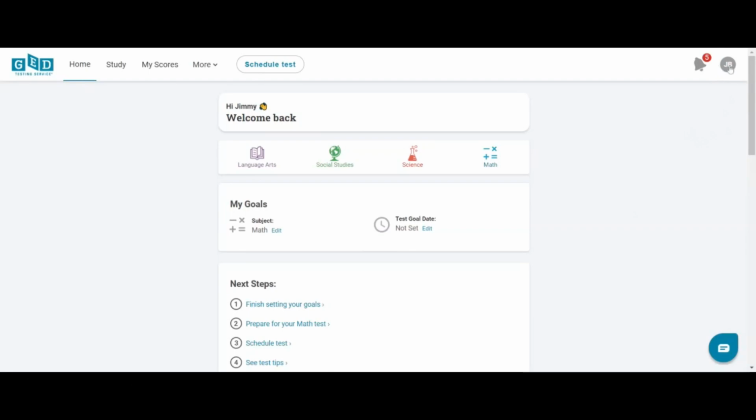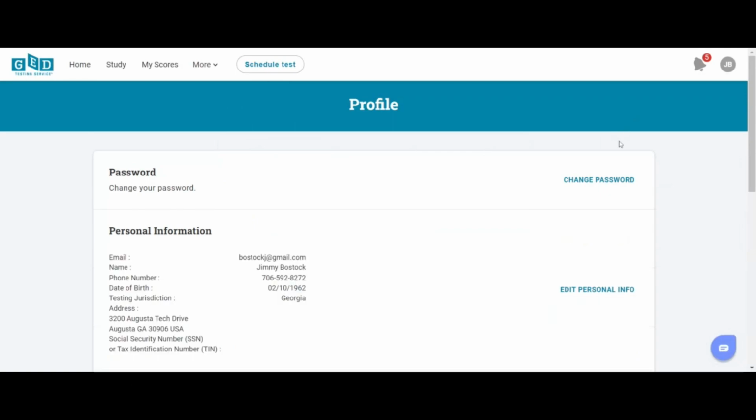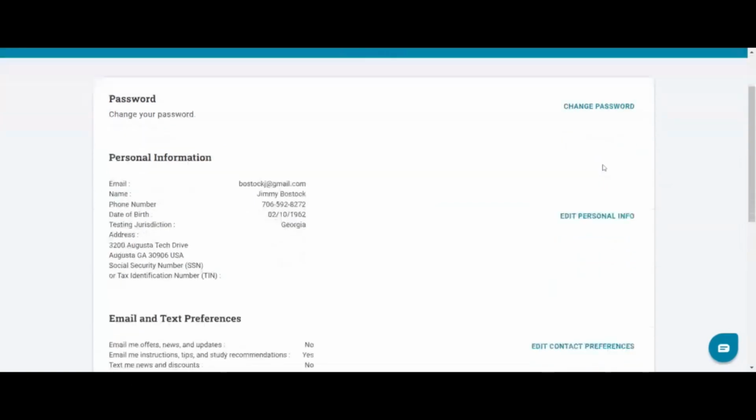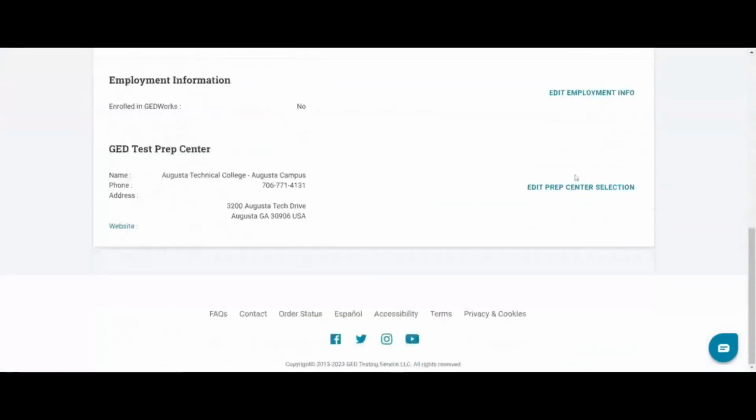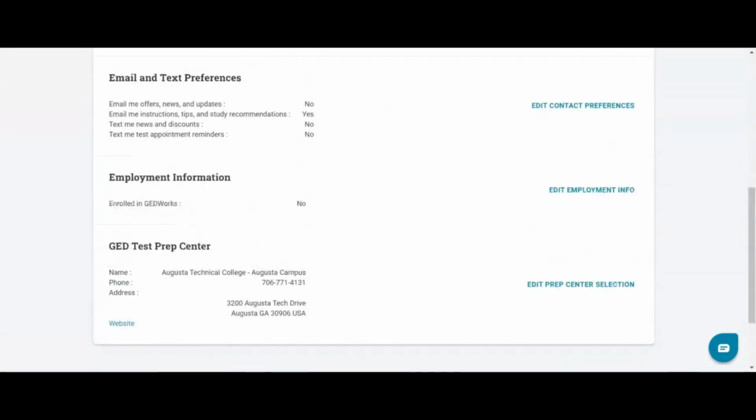When you click on that circle, underneath your name, there's a link that says Edit Profile. When you click on that, it will take you to your profile page. And down here at the bottom, it needs to say that your GED Test Prep Center is Augusta Technical College. So if it doesn't say that, you need to click here on Edit Prep Center Selection.